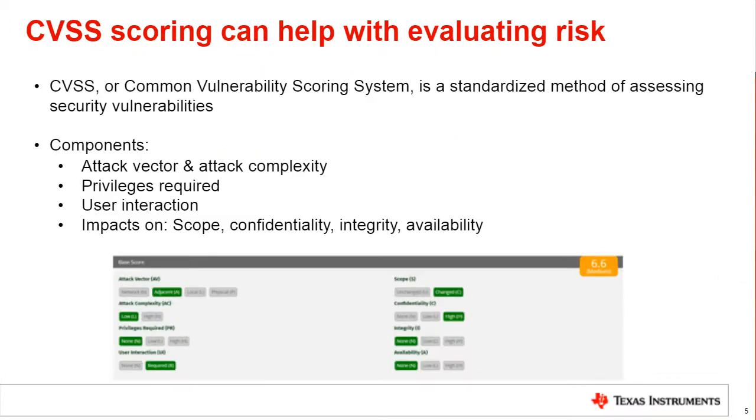The last topic that I want to briefly introduce as part of our framework is CVSS scoring, which stands for Common Vulnerability Scoring System. It's a standardized method of assessing security vulnerabilities. And by that, I mean it can help you associate a numerical score with a vulnerability that represents the relative severity of the vulnerability.